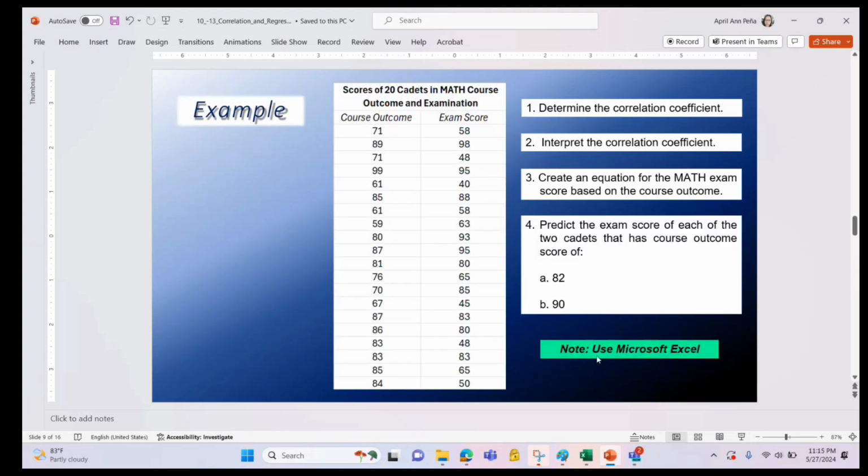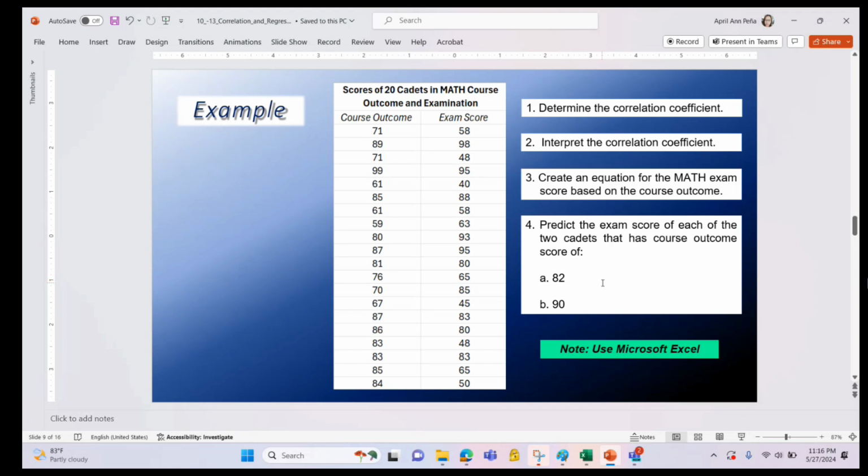Going back here, predict the exam score of each of the two cadets. This is in connection with number 3. After we created an equation, we're going to use it to predict the scores of cadets given their scores in the course outcome.